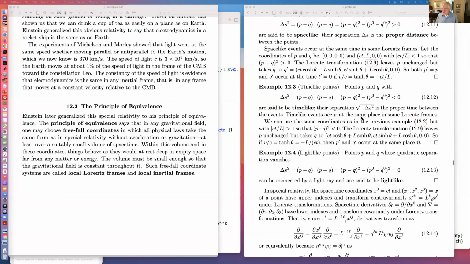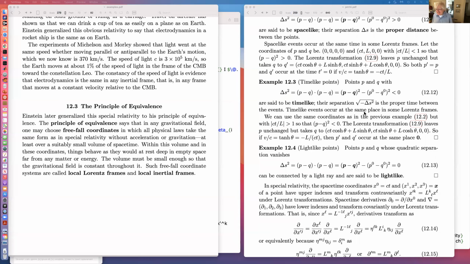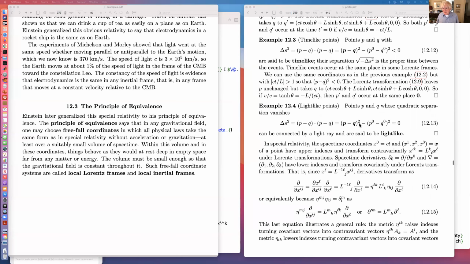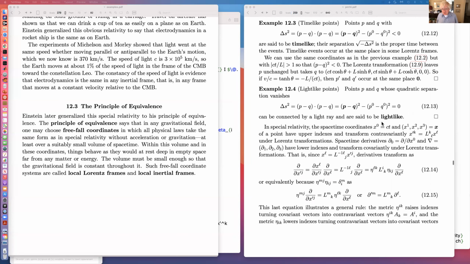Time-like events occur at the same place in some Lorentz frames. Now, light-like points are points where the delta S squared is just 0, because the space part squared is the same as the time part squared in size.